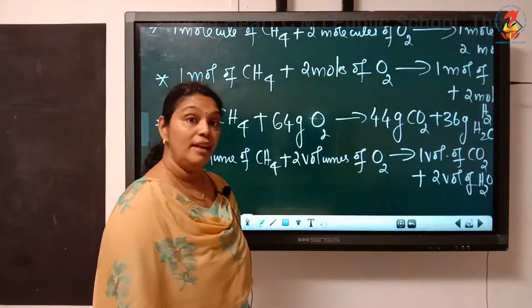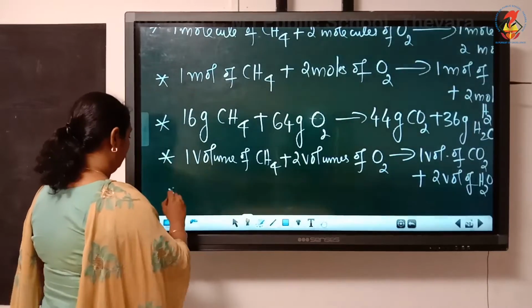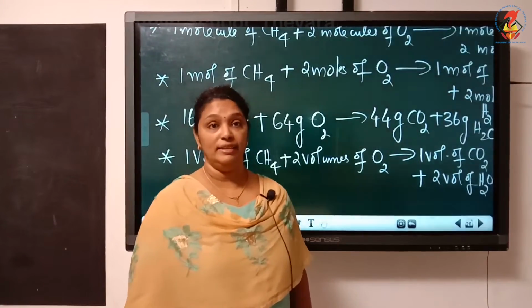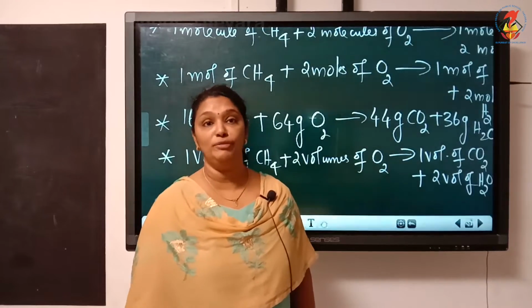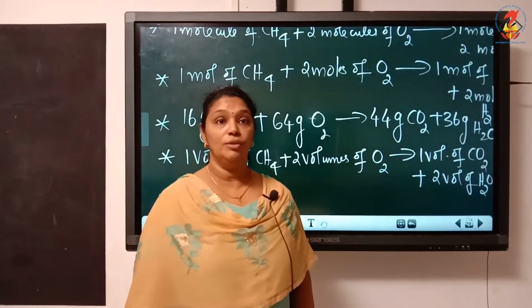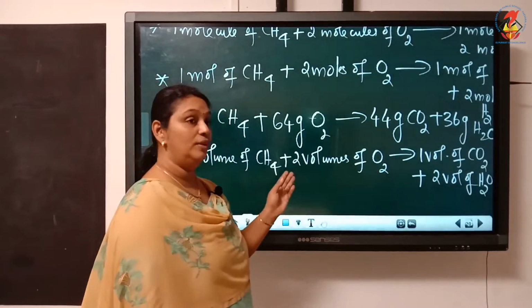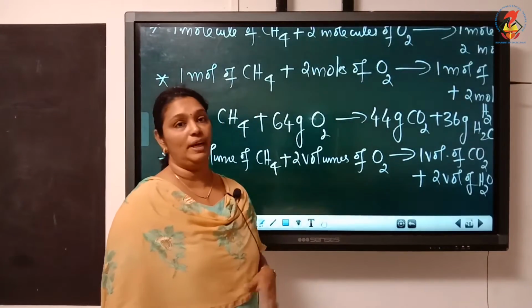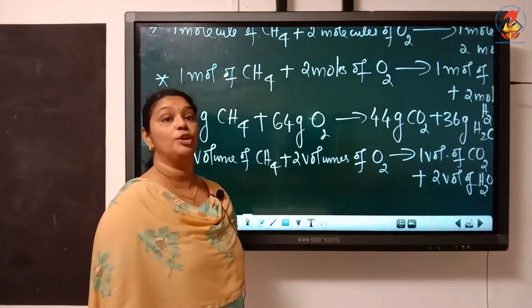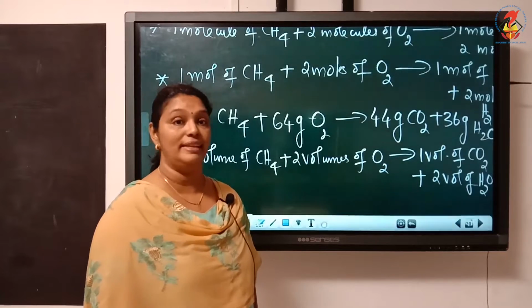Now, the last information that I can write is, we know that 1 mole of any gas occupies 22.4 liters at STP, that is standard temperature and pressure. So, if you know the volume, you can write what is the volume occupied by these gases. So, 1 volume of methane means it occupies 22.4 liters at STP.